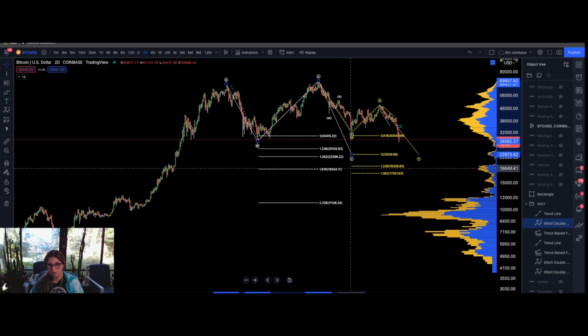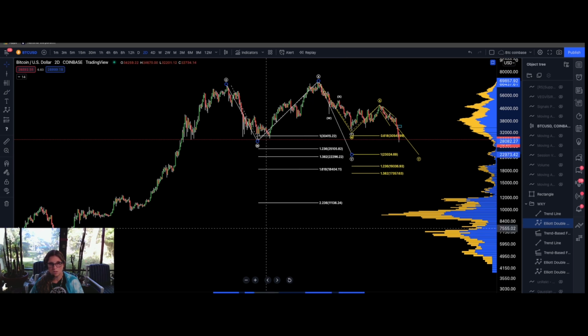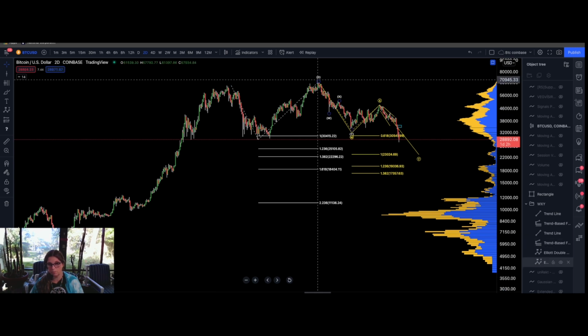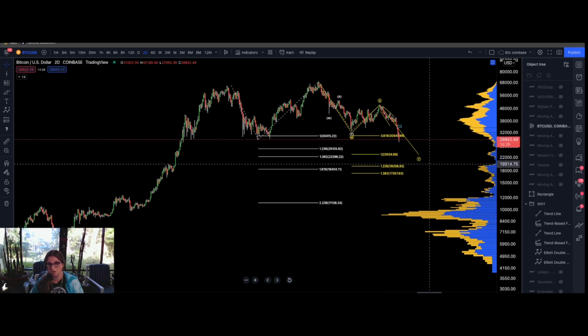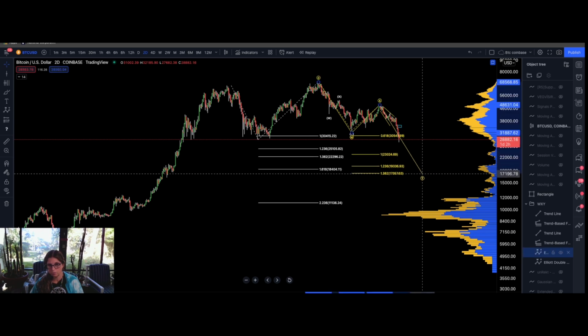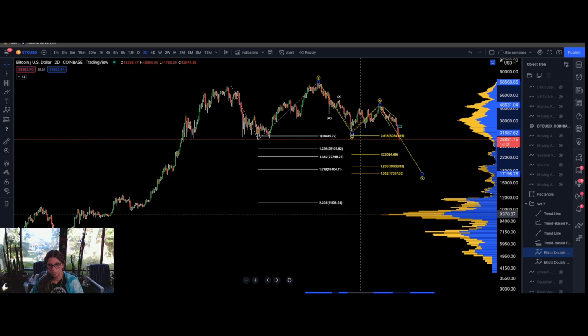If we start to break it, I will start to think that this was the top and that the wave actually started here because it'll allow it to go deeper.